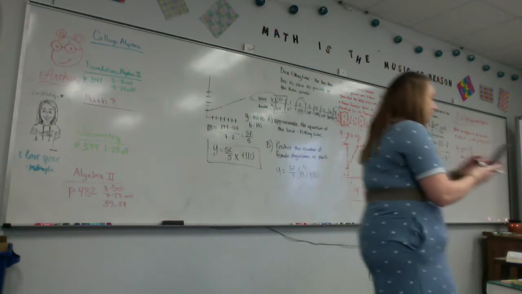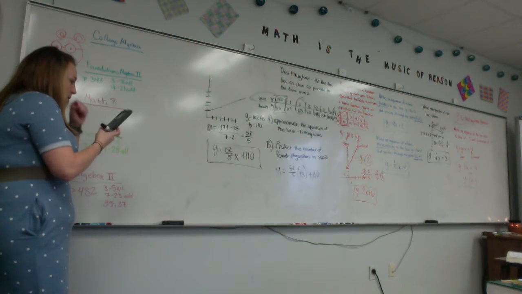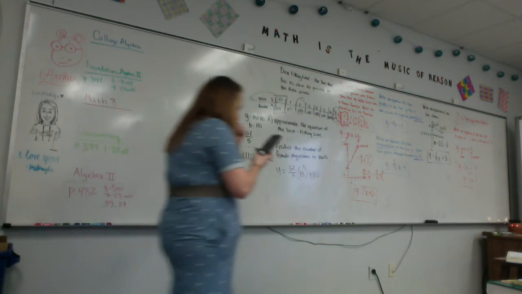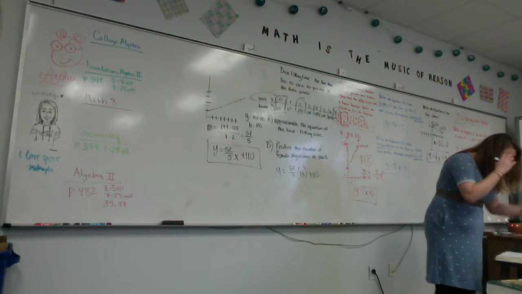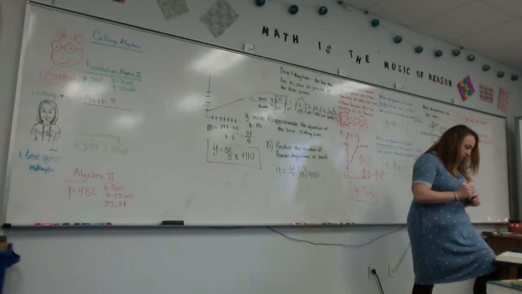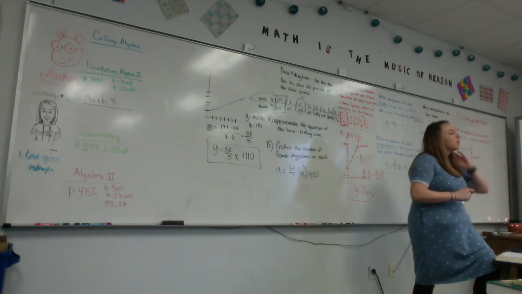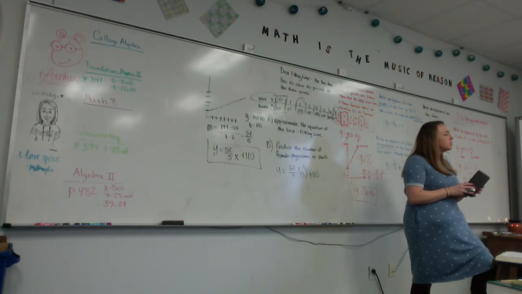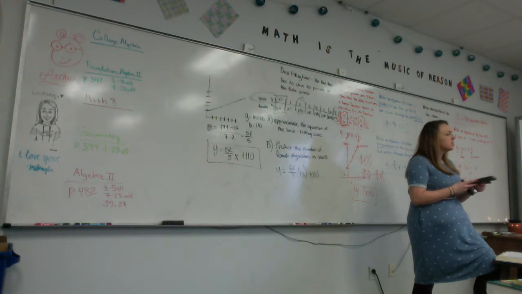So if I say y equals 52 over 5 times 13 plus 110, what is that when I do that? Nope, that's way too big. 676 over 5. Okay, so why did you do 676 over 5?